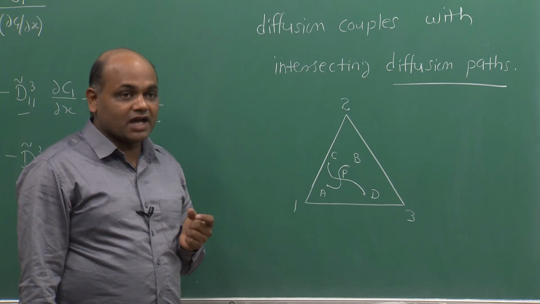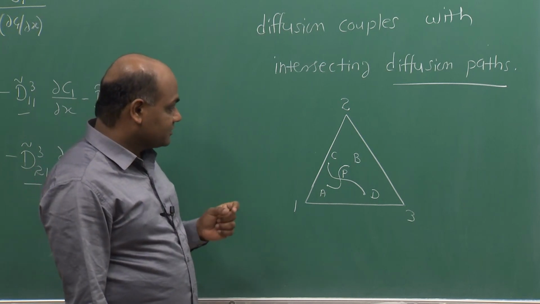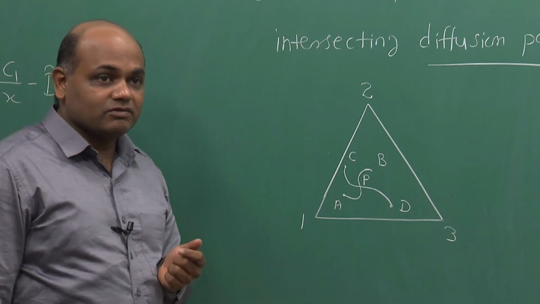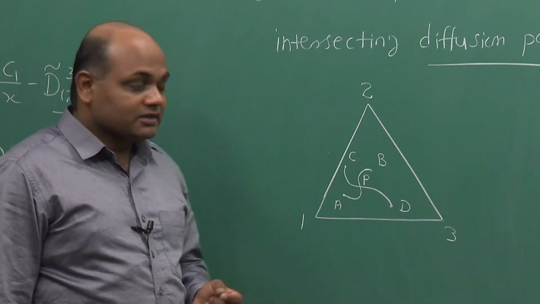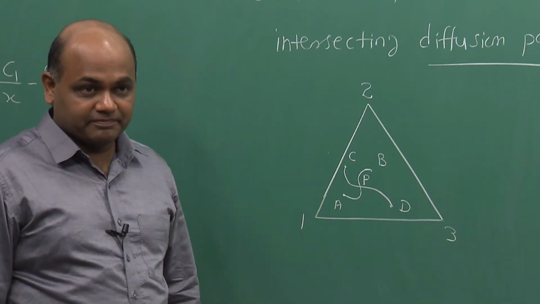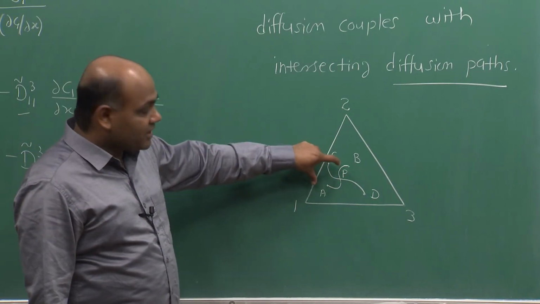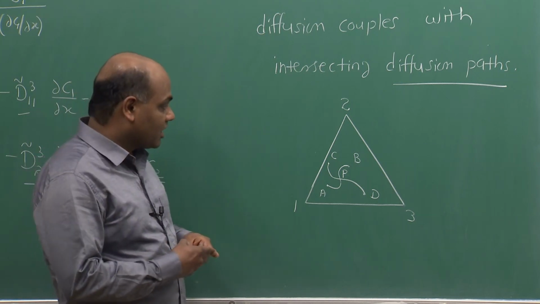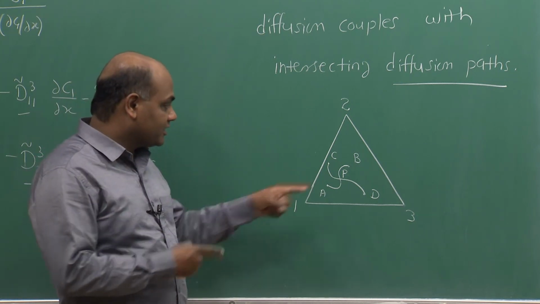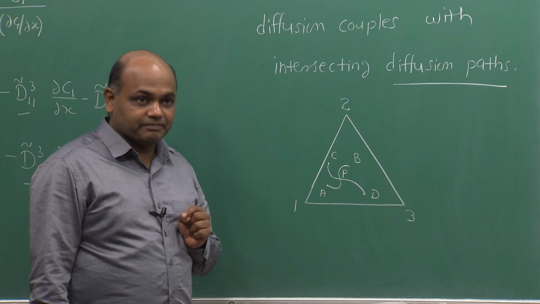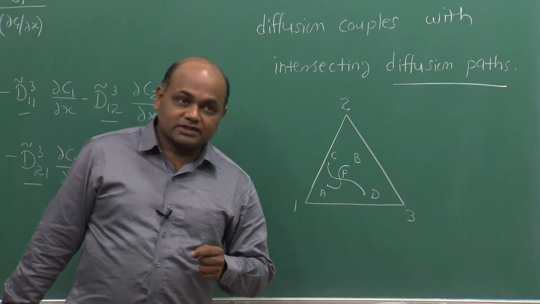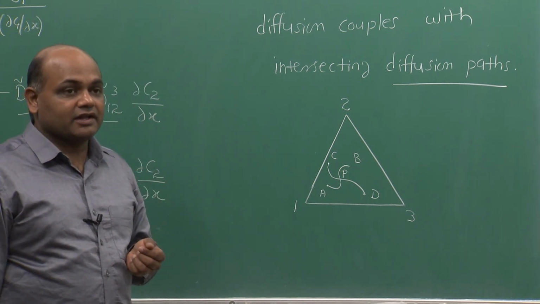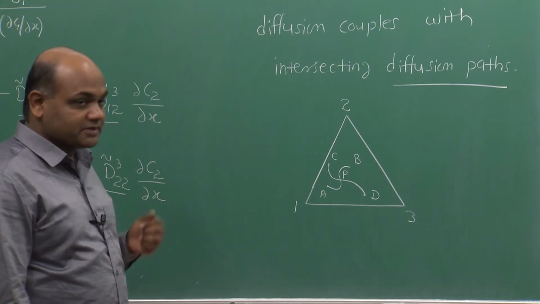So, we cannot really design the diffusion couples whose diffusion paths will intersect at the exact desired point, but we can design the couples so that the lines joining the two terminal alloys intersect. So, we know somewhere they will intersect. And this method has been applied to many ternary systems, and the interdiffusion coefficients have been determined.